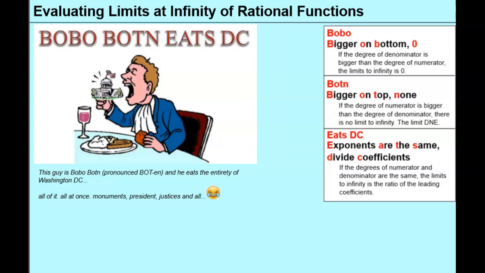So before we take a look at example 2, let's quickly review the acronym BOBO, BOTN, EATS, DC for finding the horizontal asymptote of a rational function. So if we have some examples of rational functions to consider, for example, (3x + 2)/(2x - 3).